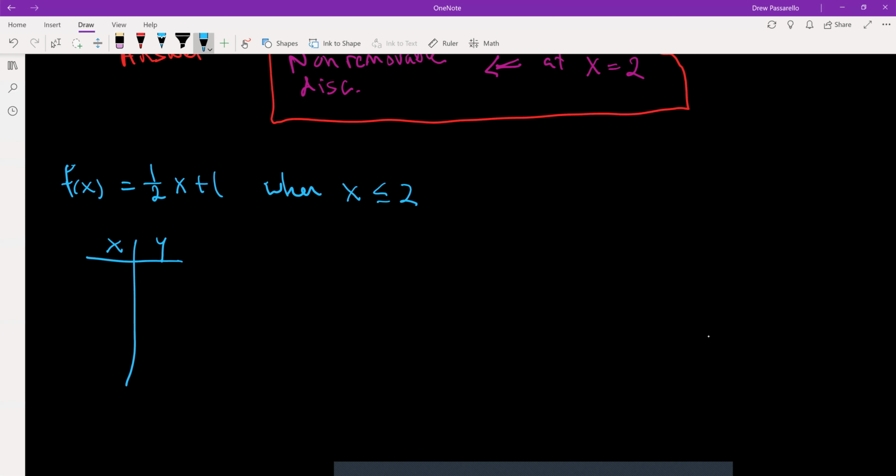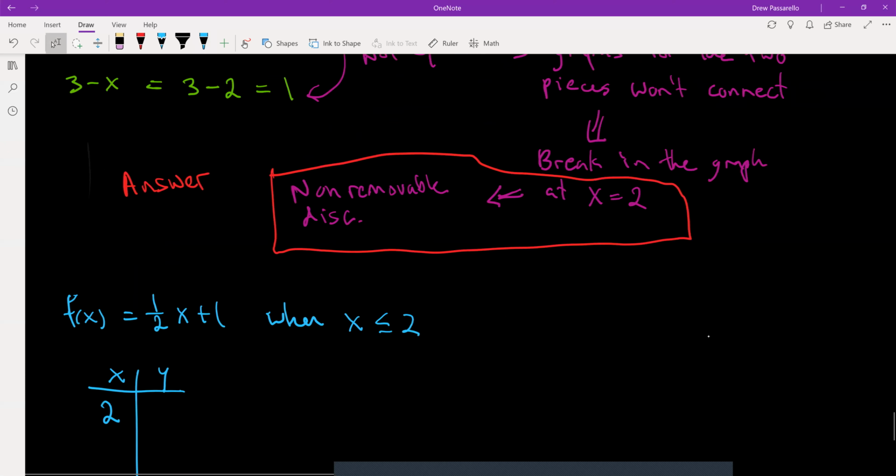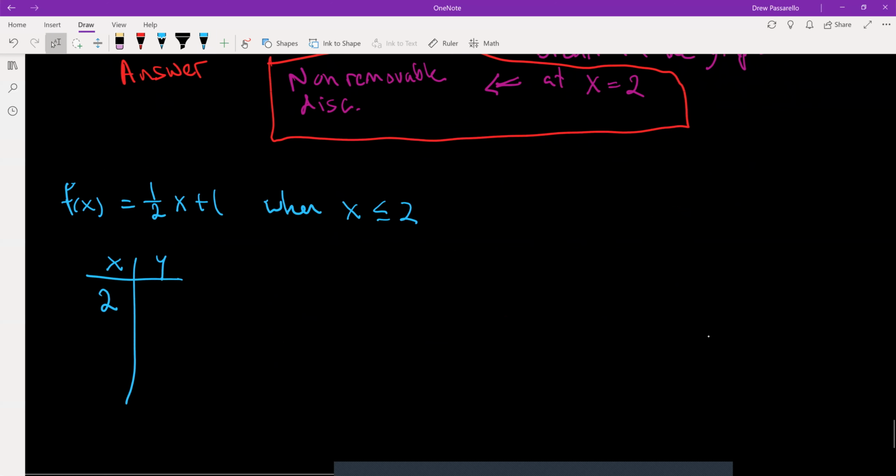We already plugged in 2, so when you plugged in 2, that came out to be 2. Now an easy one's plugging in 0, because that'll give me the y-intercept is 1, right? So plugging in 0, 1/2 times 0 is 0, plus 1 is 1.